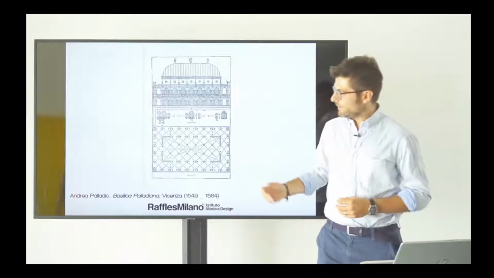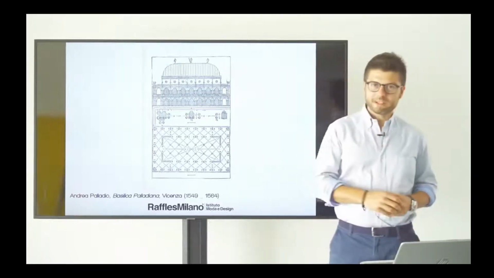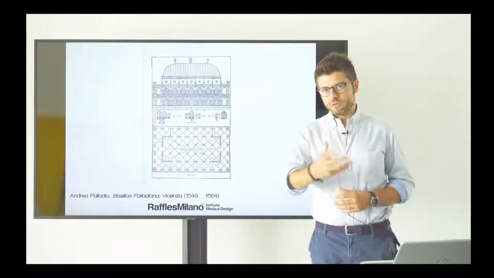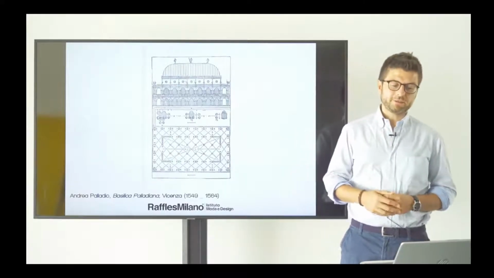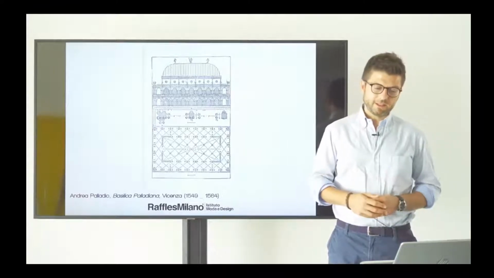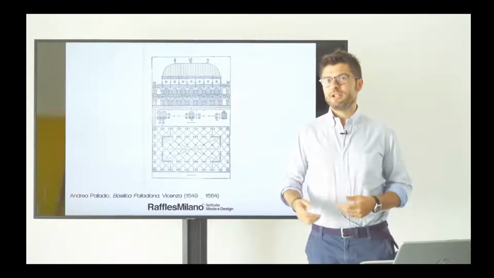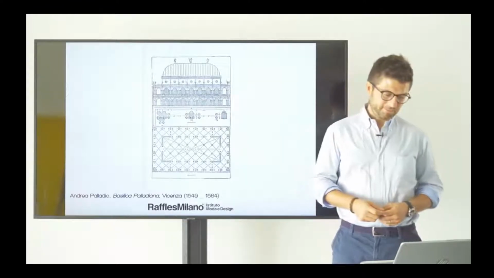The Basilica Palladiana that you see here, in some quite ancient drawings, was made by one of the most important Renaissance architects, Andrea Palladio, who realized many important buildings in the area of Veneto. If you come to Italy, it is a pleasure to visit these unique buildings, which were models for many important architects of the subsequent period.